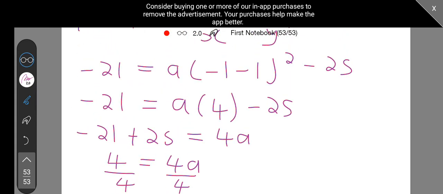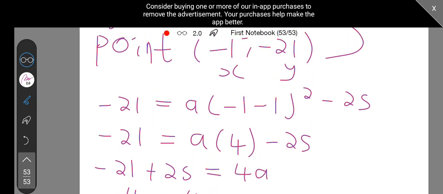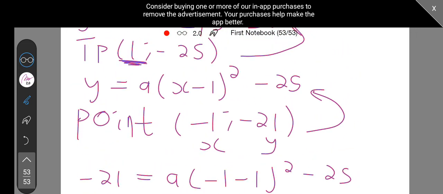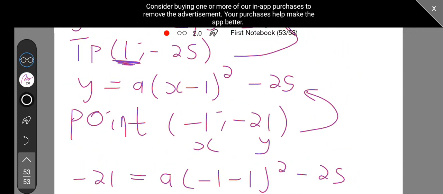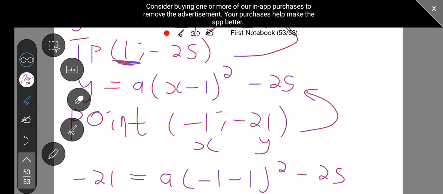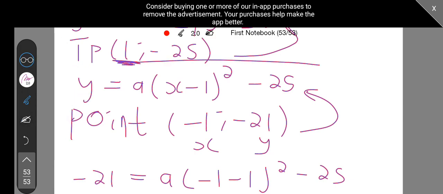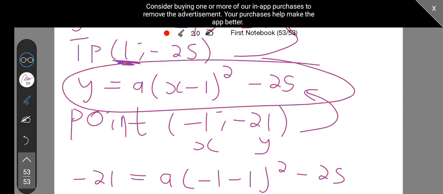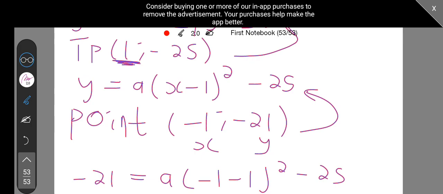So we're going to plug the value of a back into the equation. After that, we're going to simplify and write the final equation.